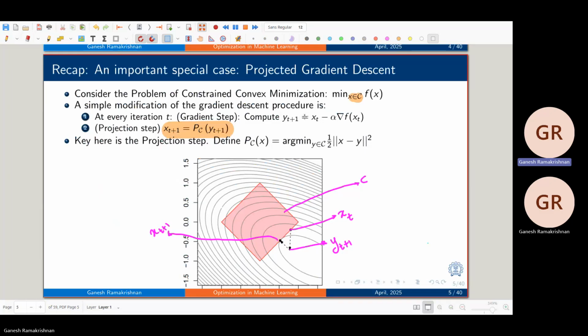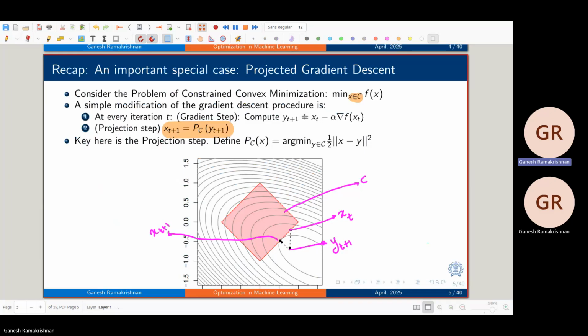You want to be close enough to Z, right? So this is the prox step. You would want to be as close as possible to Z, where Z is the unconstrained update from X subscript T.